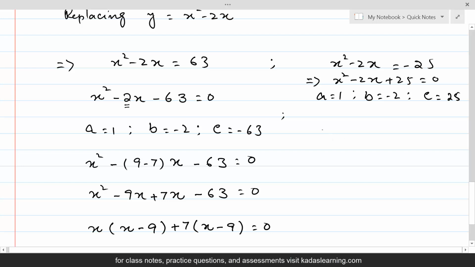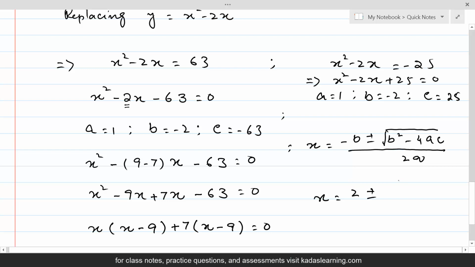Now we have the values, and we will apply the quadratic formula, x equal to minus b plus minus square root of b squared minus 4ac, divided by 2a, and x equal to 2 plus minus square root of 4 minus 4 times 25, divided by 2 times 1.